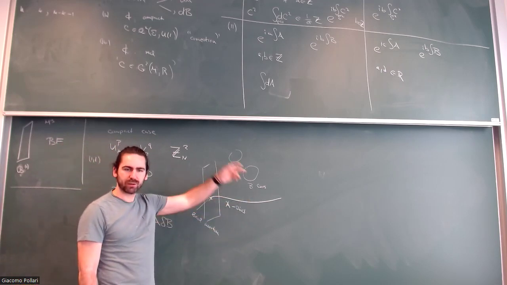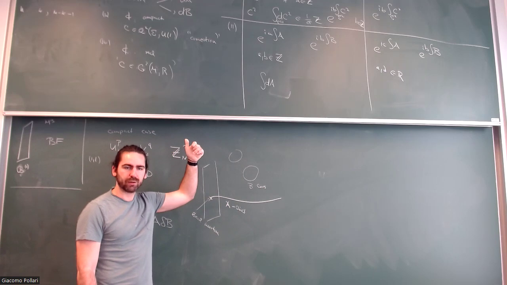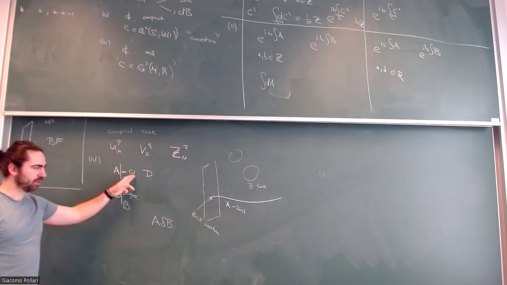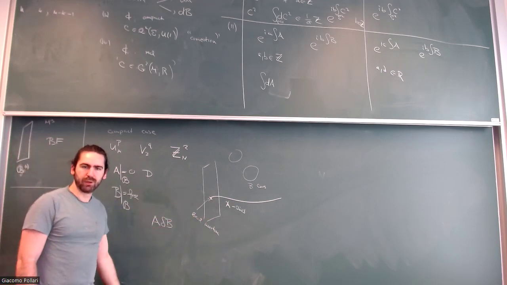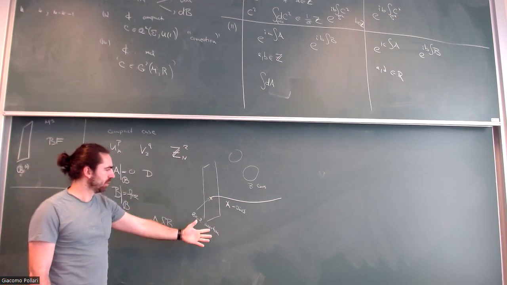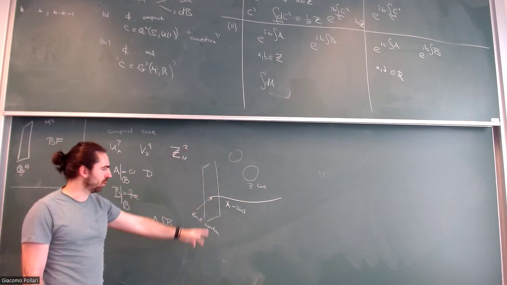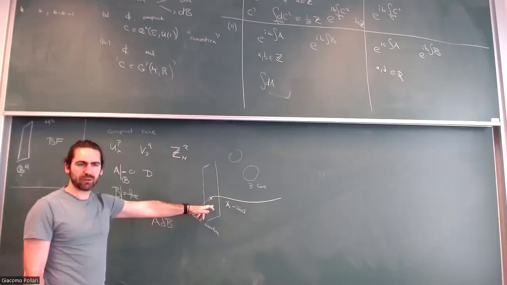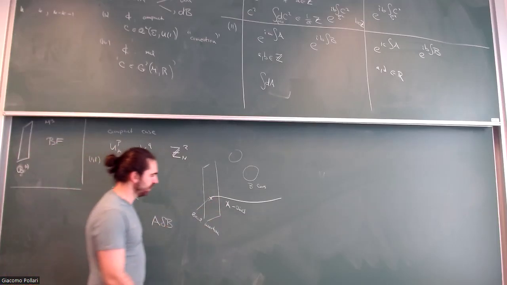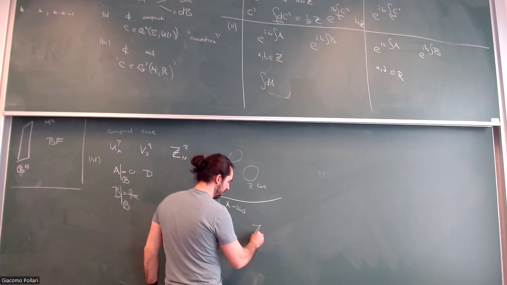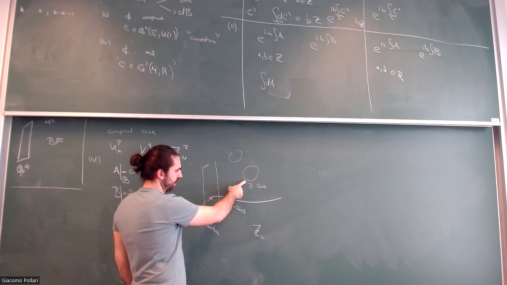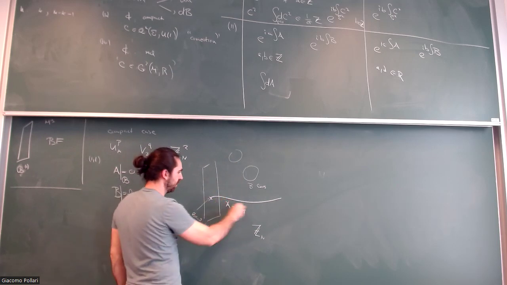Because they are associated to the B. Oh, so it is associated. Yeah. Okay. And A lines, because they are 0, they can be attached to the boundary. So now I can think of this 2D system as something that has local operators. They are the ends of the A lines, and it has a Z_n symmetry, and the Z_n symmetry is generated by these B lines encircling the A lines.